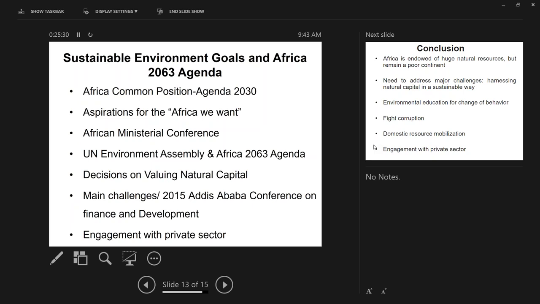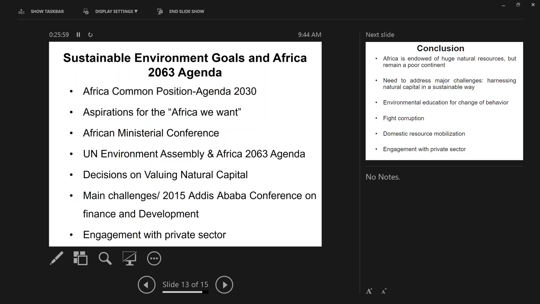Again, the Africa Group was given an opportunity to form its common position that fed into the ministerial outcome document, where you could see that member states really committed to reinforce the engagement on environmental sustainability.